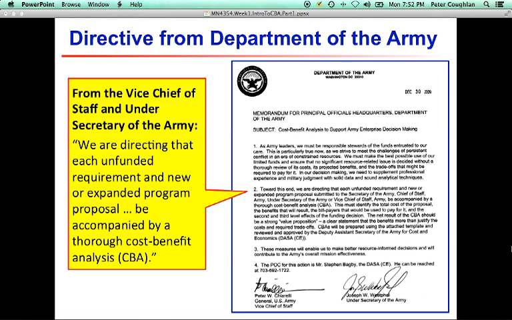I'm quoting here from this memo from the Vice Chief of Staff, as well as from the Undersecretary of the Army: "We are directing that each unfunded requirement and new or expanded program proposal be accompanied by a thorough cost-benefit analysis." It is the directive. So, like it or not, it's something that we have to do. Now, of course, as I'll show, it is in fact advisable regardless, but it is something that is required within the Army.